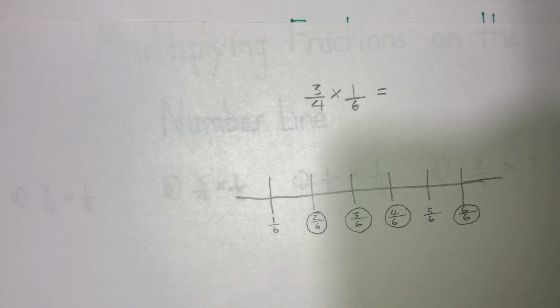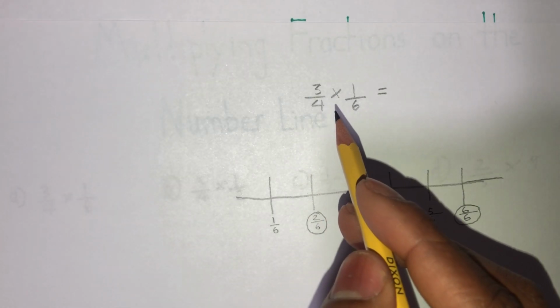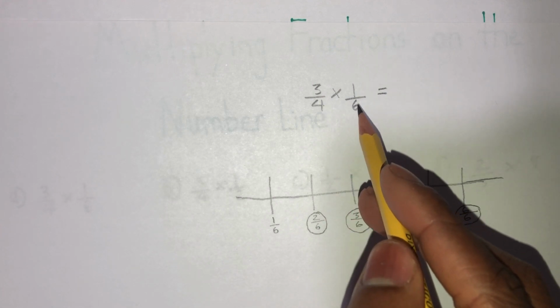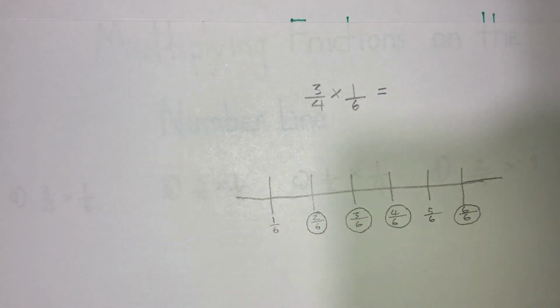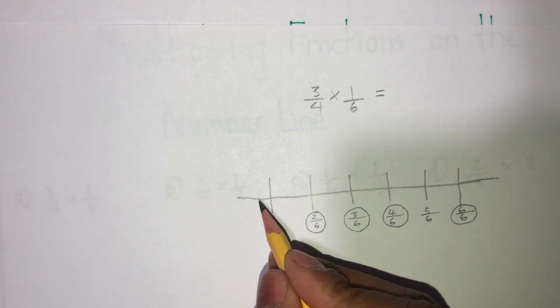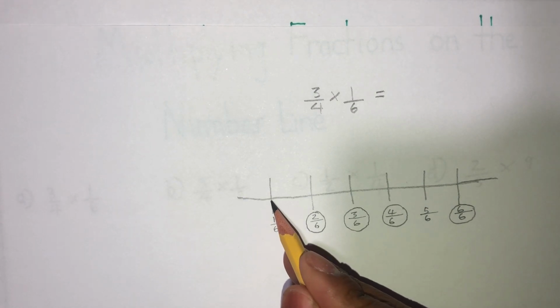Good. So the problem states that 3/4 of the distance to 1/6. So now we have to find 3/4 of the distance to 1/6. And here we have 1/6.